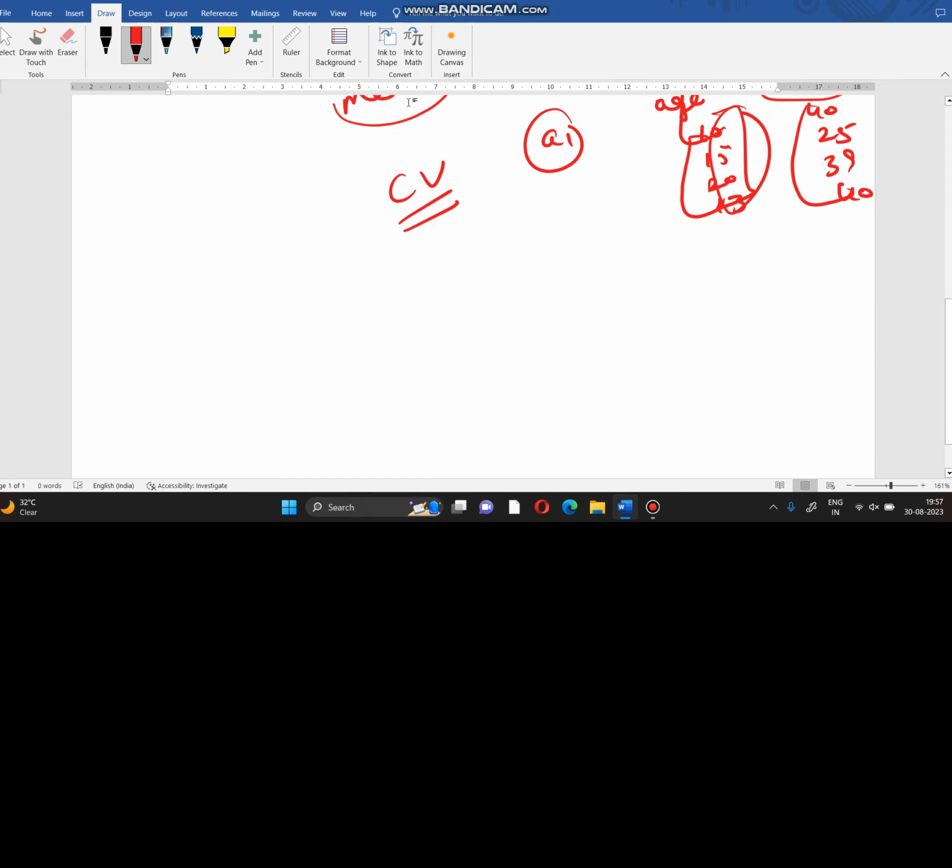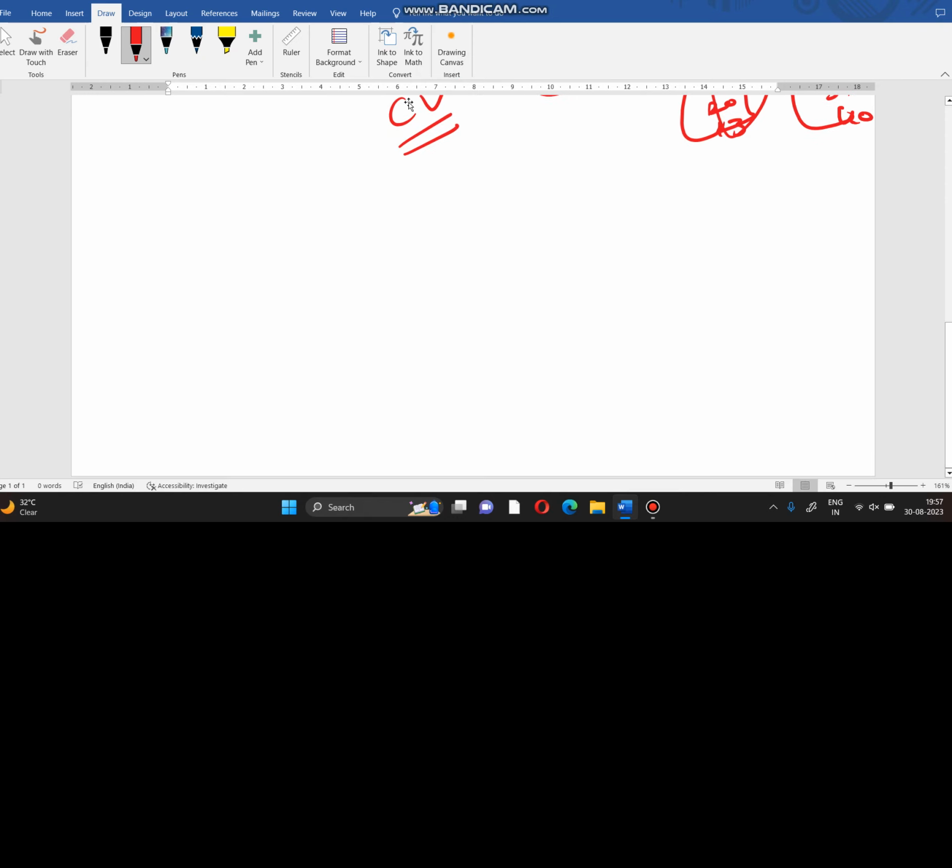Here we are using the terminology standard deviation, so let's discuss what it means. Standard deviation is just like mathematics: it is a measure of variation.